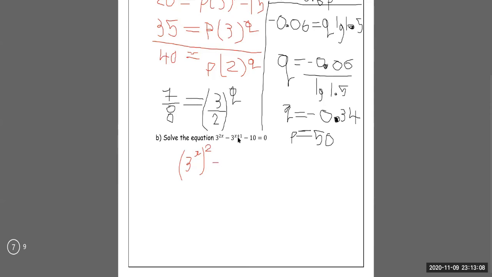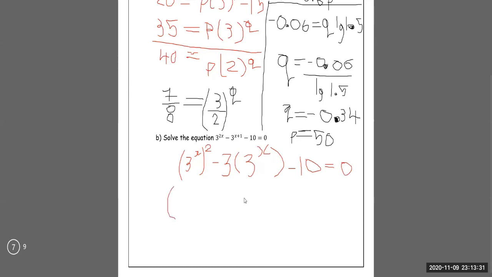Now 3 to the 1 is 3, so we're just going to write it as 3 times 3 to the x, minus 10, equal to 0, right? Yes, sir. So that's just a hidden quadratic. So let's just go ahead and factorize.